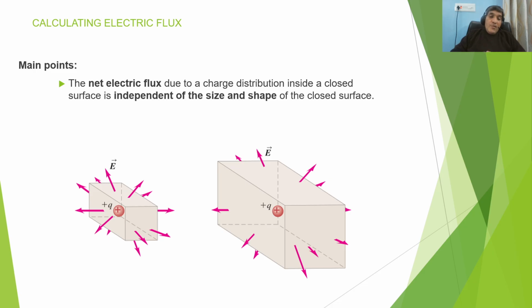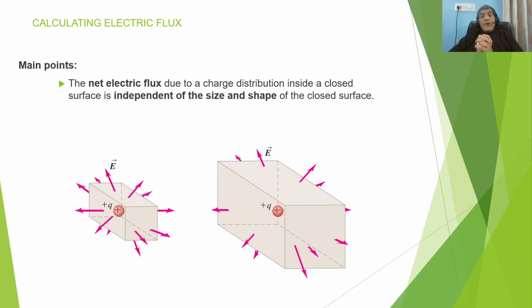So in these two pictures, in picture one we have a small surface enclosing a charge and generating some flux, and the same charge put in a bigger surface gives the same electric flux. So basically these two charges are the same, and we just change the size of the surface. By changing a small size to a bigger size, the answer comes out to be the same.